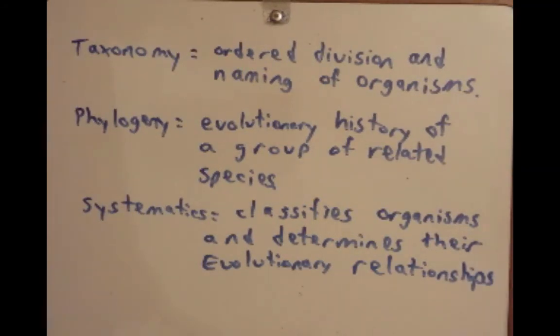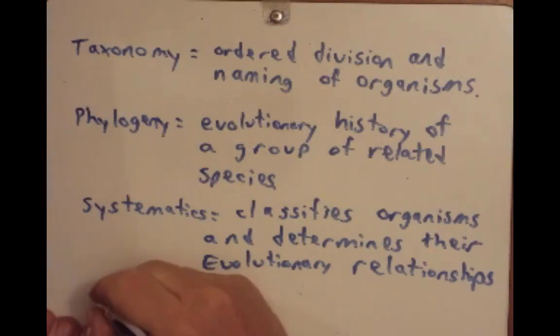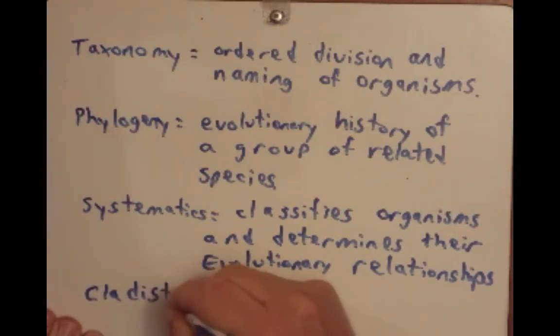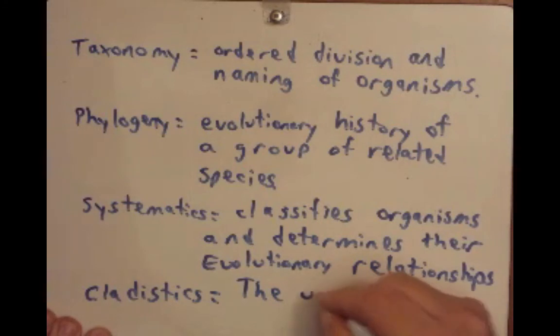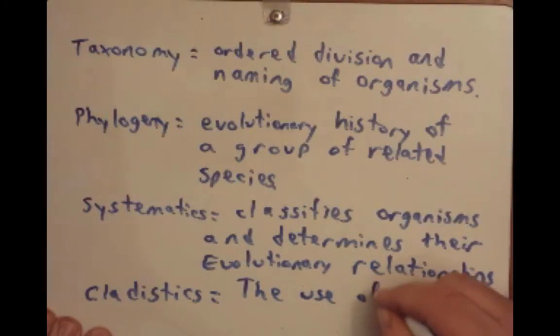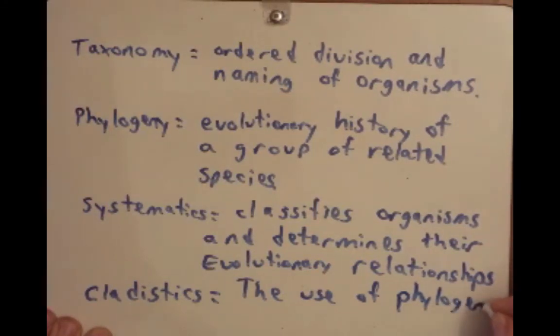And the last word we want to identify right now is cladistics. The use of phylogeny as the basis for systematics.